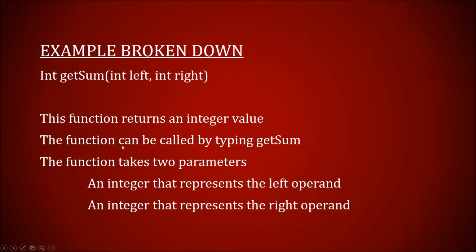You can call this function in a different function. So let's say you're in main, you can call it inside of main by typing GetSum. And it needs to take two parameters. One is an integer that it's going to define as left, and one is an integer that it's going to define as right. We're talking about the left and right operands of addition.